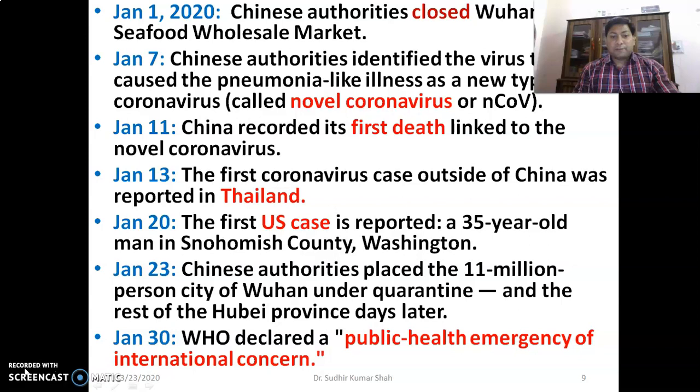And on 13 January, Thailand became the first country to report cases of coronavirus outside the boundary of China.